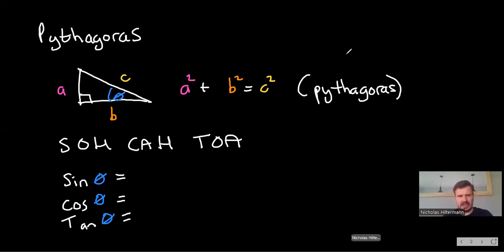So this would be the A over the C. Or let's call the C, H, because that's hypotenuse. And so the cos would be the adjacent. So the adjacent to this angle is B. And then tan is opposite over adjacent, tripping on acid.